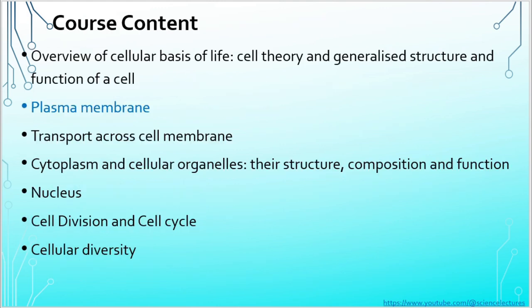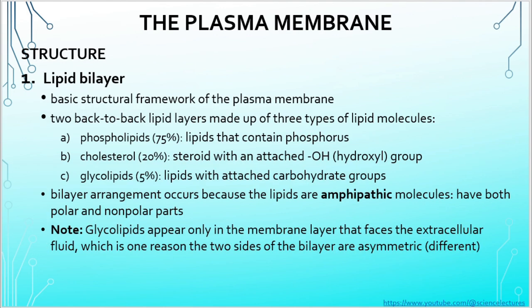So let's now look at the plasma membrane. The plasma membrane is a flexible barrier that surrounds and contains the cytoplasm of a cell. The plasma membrane is best described by using the structural model called the fluid mosaic model.